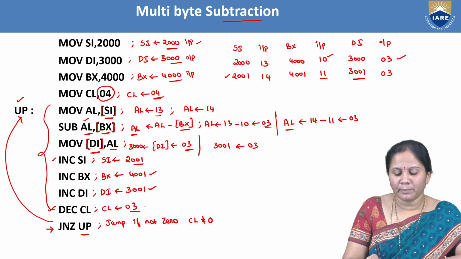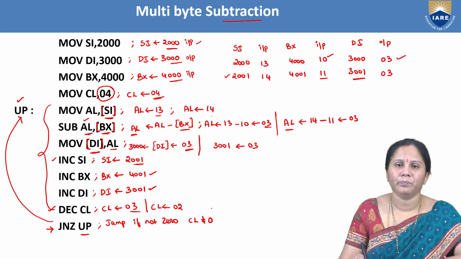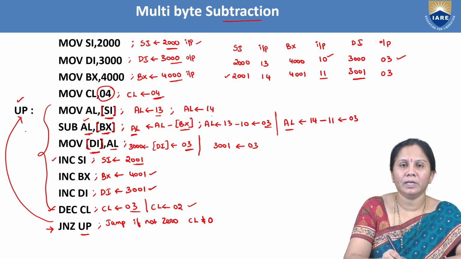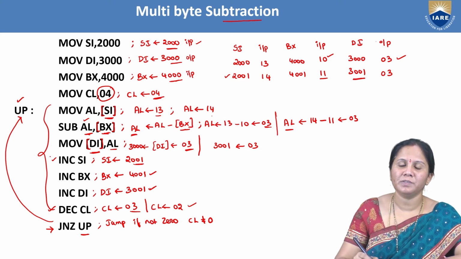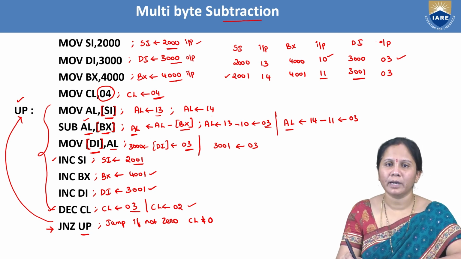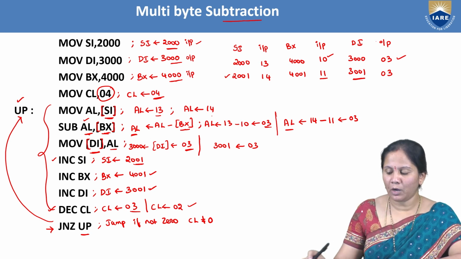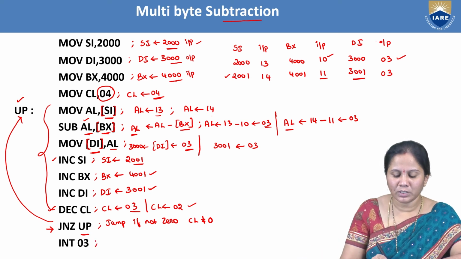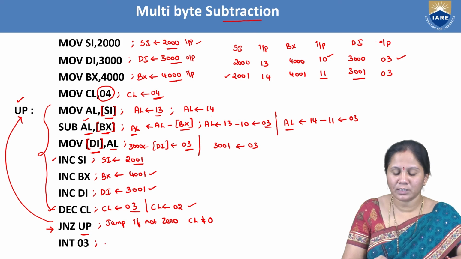So the counter will be decremented by 1 again, so it becomes 02. And since again it is not 0, the control will go to the label up and the same set of instructions will be repeated until all the inputs are completed. Once the counter becomes 0, the next instruction INT 03 will be executed. So this INT 03 instruction says end of the program.